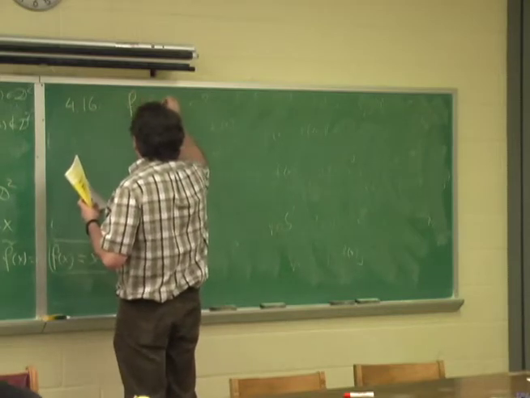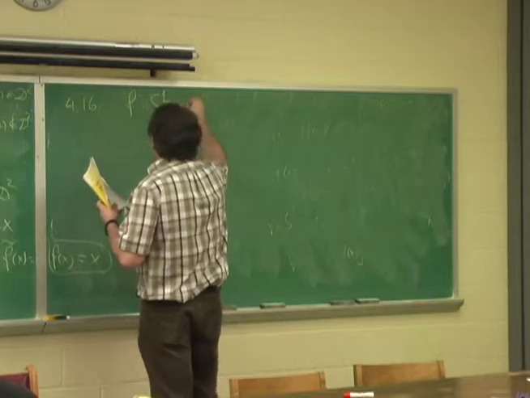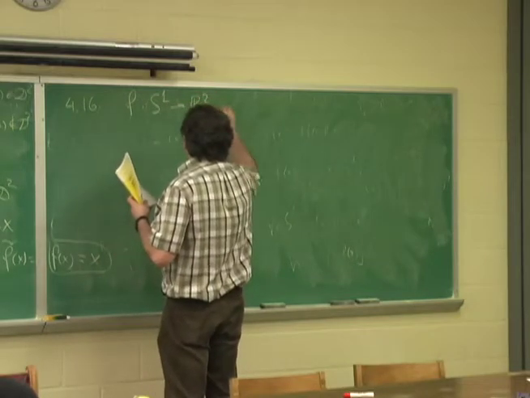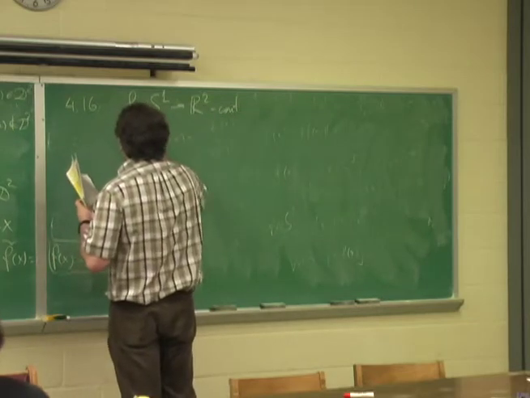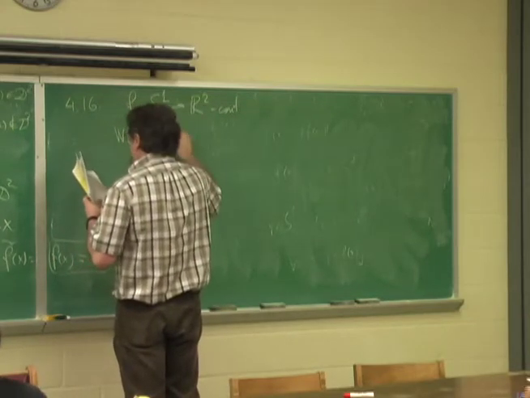F from S1 to R2 is continuous, and the winding number is not zero.